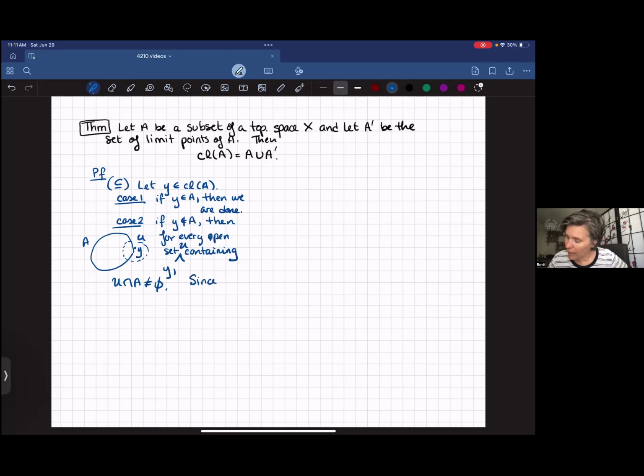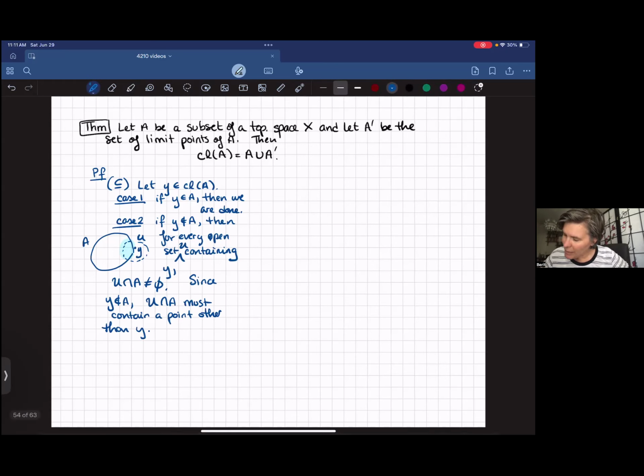So since Y is not in A, U intersect A must contain a point other than Y. Okay. So this point that we would be looking at, it would be somewhere over in this region over here. There has to be some point in there.